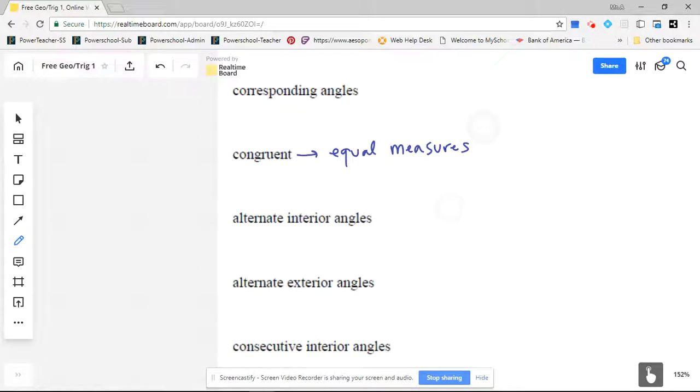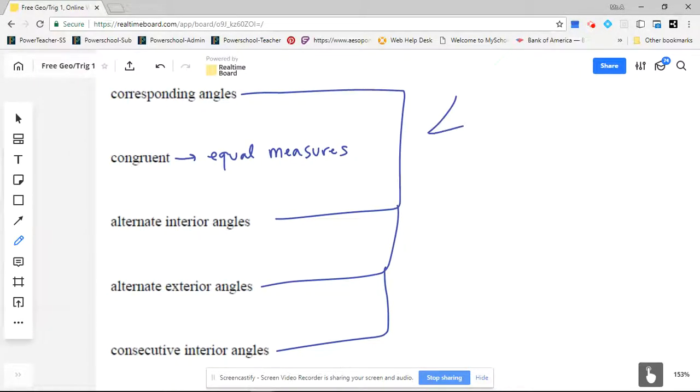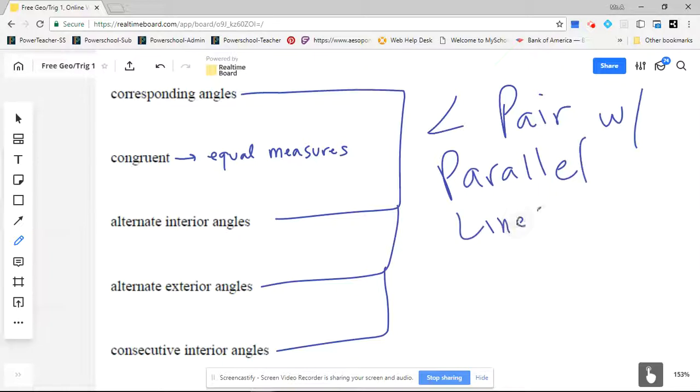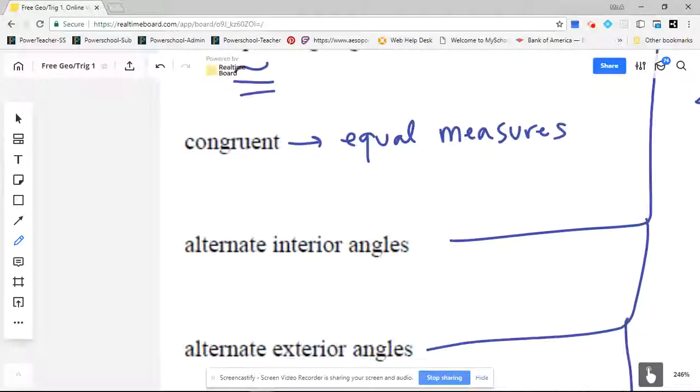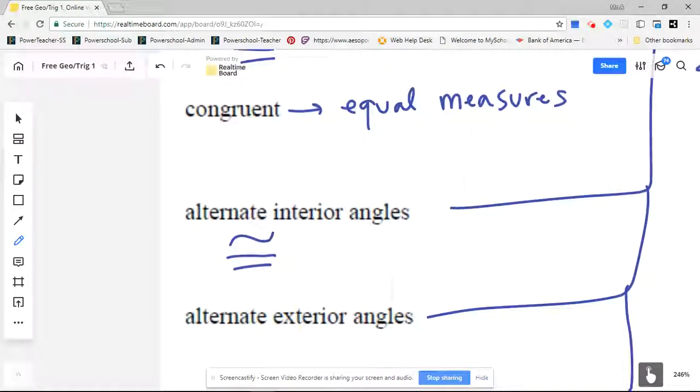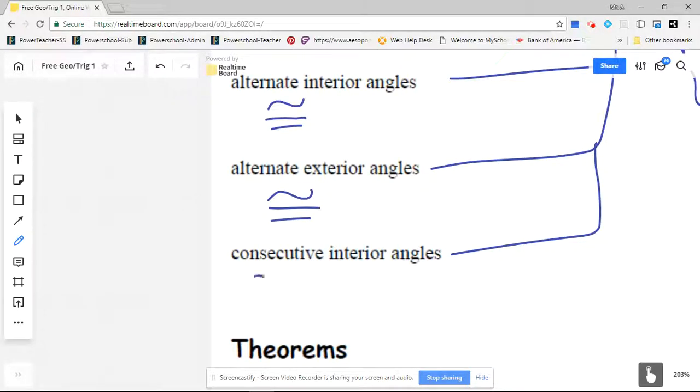These other four that are surrounding it, those are the angle pairs with parallel lines that we talked about yesterday, and we said that corresponding ones were congruent, that alternate interior ones were congruent, that alternate exterior ones were congruent, and that consecutive interior ones were supplementary.